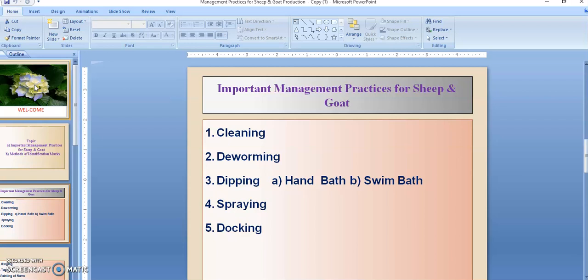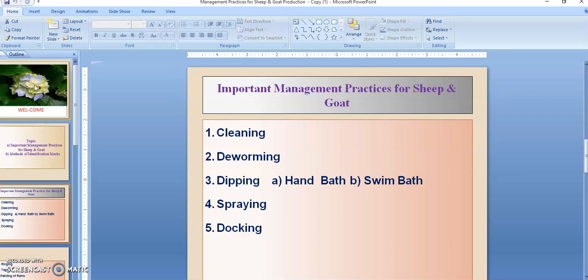You can use any one of the solutions for cleaning the animal as well as the barn. Cleaning includes cleaning the floor, gutter, and manger by carefully removing dung, urine and feed leftovers.